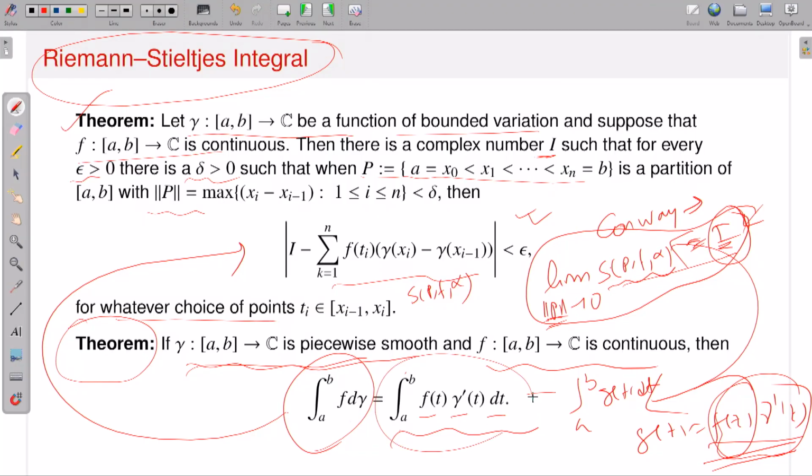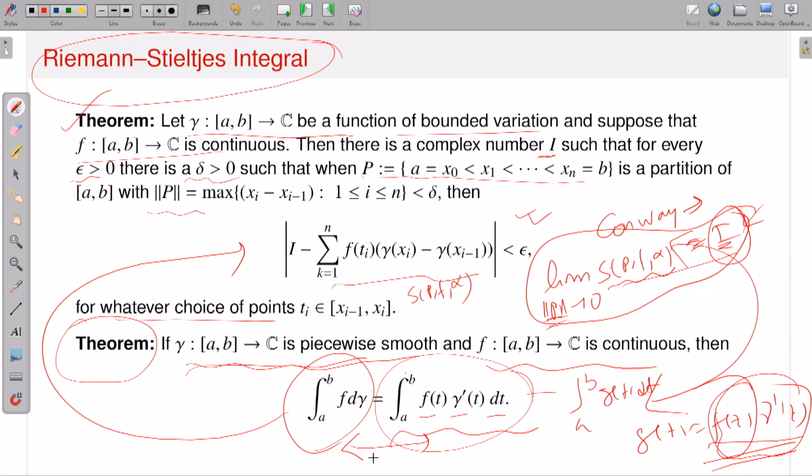But you can still make sense of the Riemann integration of this kind of function, the integral from a to b of f(x) dx. Of course, if my function is continuous, then it is integrable. Even if my function is not continuous on the full interval, suppose it has finitely many discontinuities, I can still make sense of the Riemann integral, as you know from real analysis. So this is the connection between the Riemann Stieltjes integral and the Riemann integration you are familiar with.